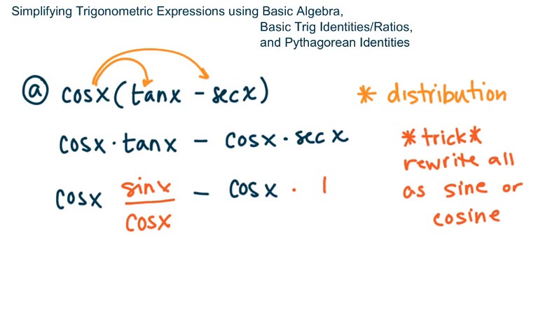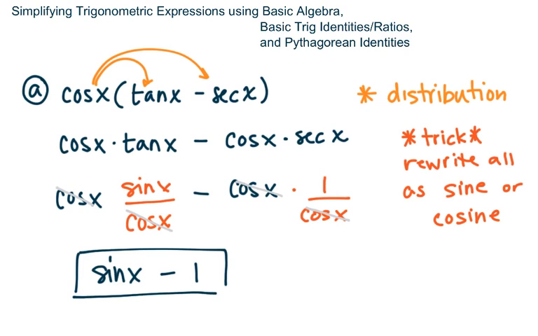So this is times 1 over cosine x. So now that I've done that, it should be pretty easy for you guys to see. Cosine over cosine is going to cancel. That first term becomes sine of x. And again, cosine over cosine cancel. So I have sine of x minus, I'm left over with 1.